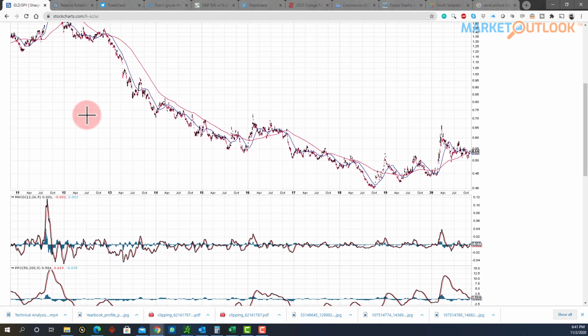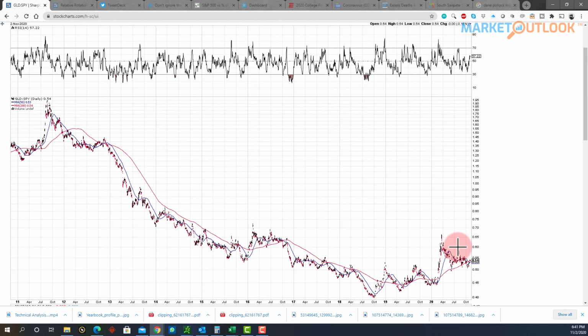And when gold does really take off to the upside, that is more of a sign of risk aversion. So expect that we'll move up a little bit higher towards this 65% level, even relative to stocks, as long as the dollar stays bearish on this long-term trend.